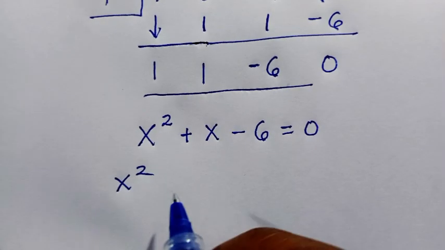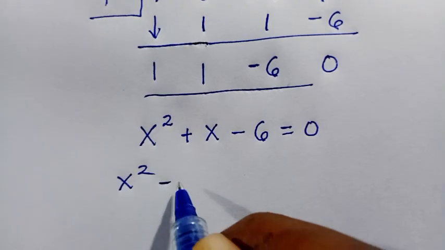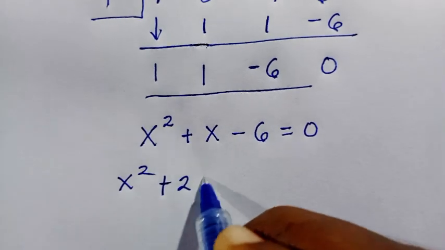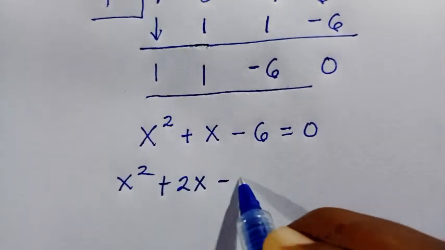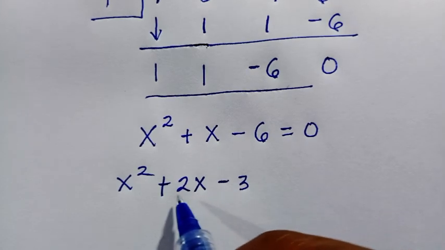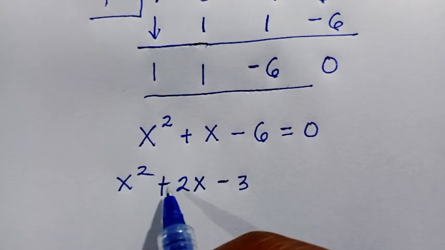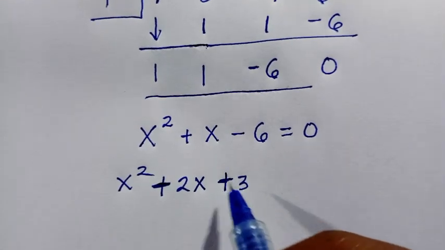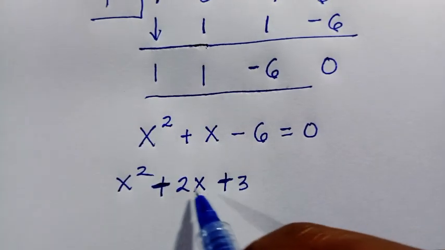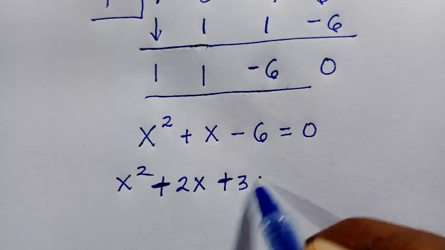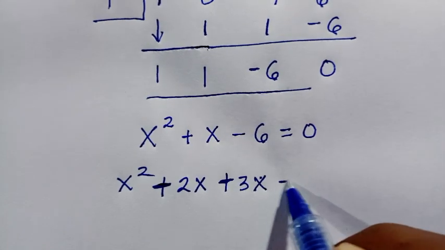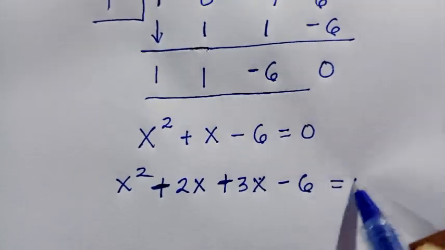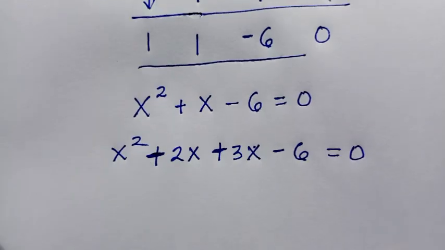So we have x squared, and the two numbers are going to be minus 2x plus 3x. Since we need plus 1, we have minus 2x plus 3x, and here is minus 6 equals 0.